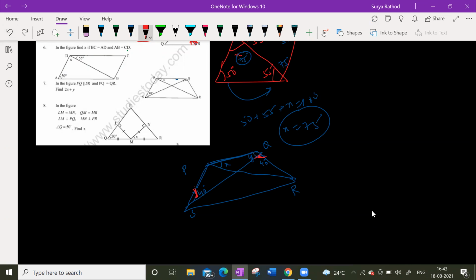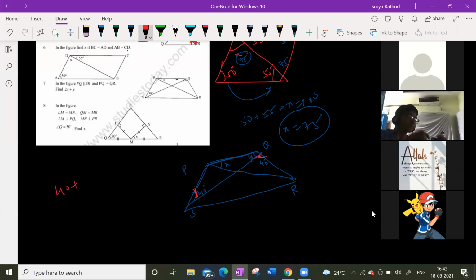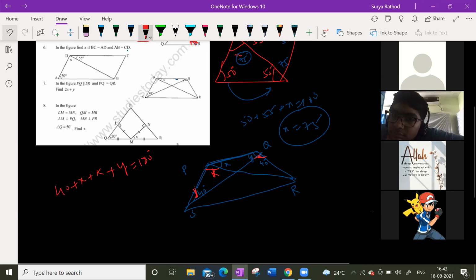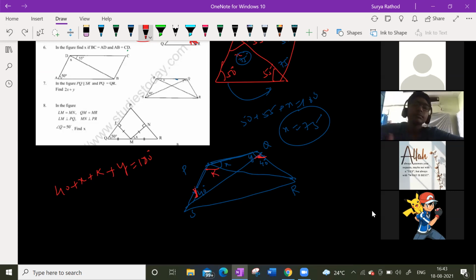Here, how can I say 40 plus X plus, let us say this value fully and some constant K, plus Y is equal to 180 degrees. Is it clear? I just took this as K. I do not know that one. I took it as K. Clear?